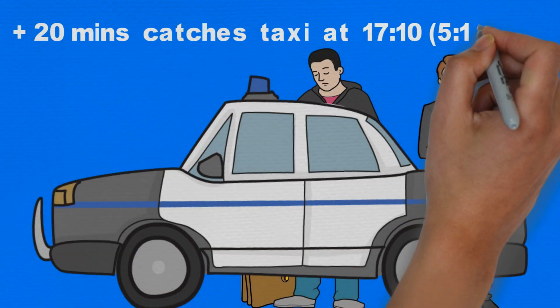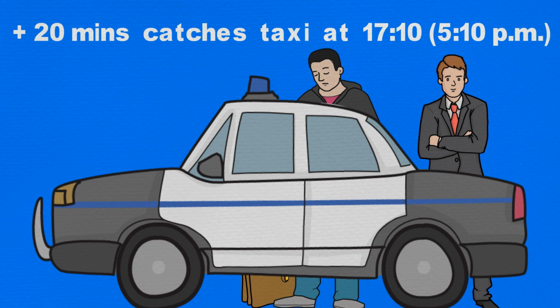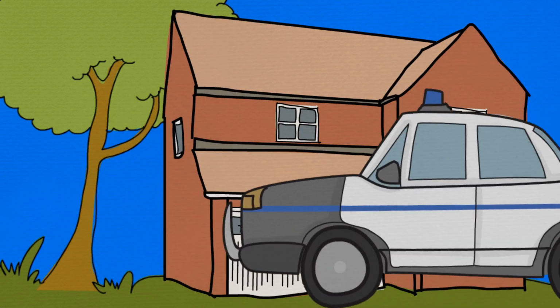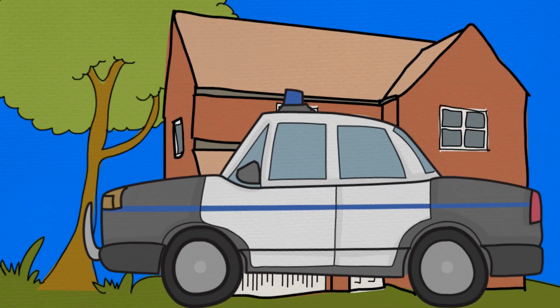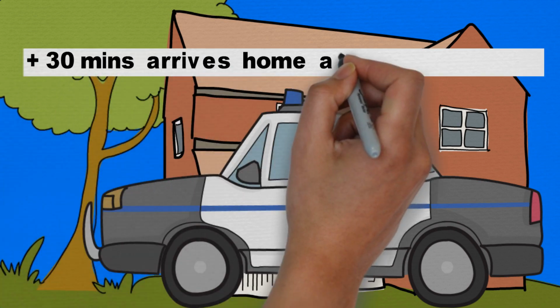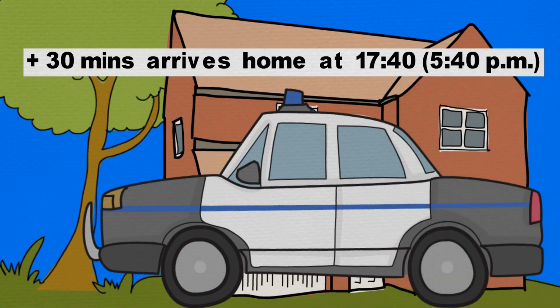So it was 17:10, that is 5:10 p.m. when he jumped into the taxi. The taxi ride home took exactly 30 minutes or half an hour, so it was 17:40, that is 5:40 p.m. when he finally arrived home safe and sound.